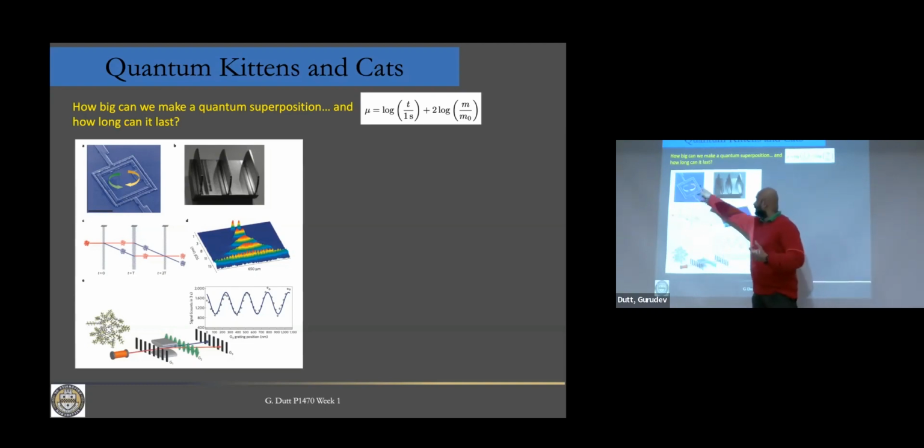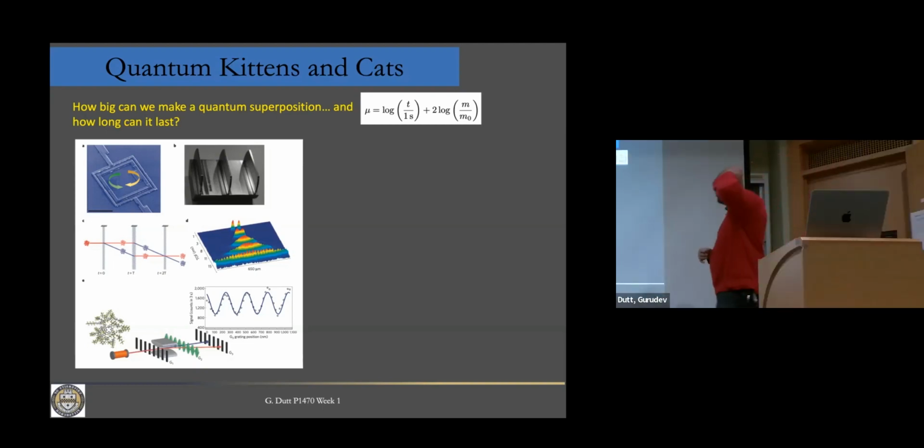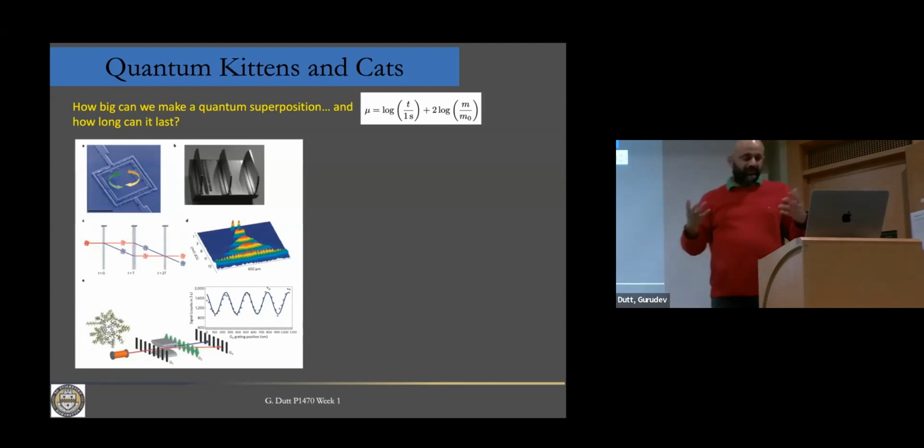Superconducting rings, with billions of electrons moving around the ring either this way or that way, have also been put into superpositions. Those are also macroscopic quantum superpositions. Neutrons were another early thing people did.